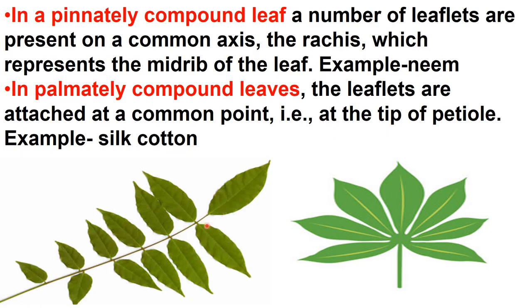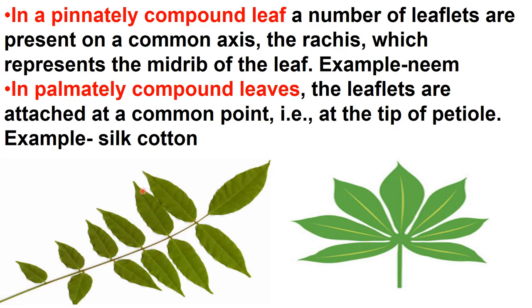You can say this is a twig of neem, but actually this is not a twig, this is a compound leaf. This is a whole leaf, and this common axis, where all these small leaves are attached, is actually the midrib of that compound leaf.